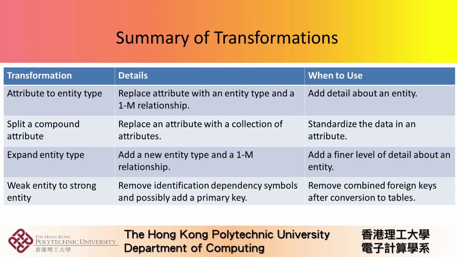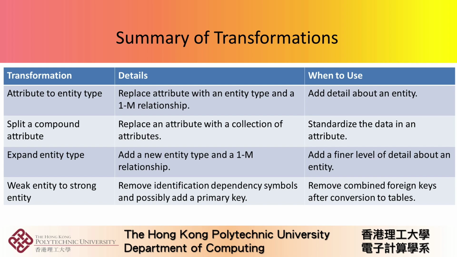Attribute to entity type transformation replaces an attribute with an entity type and a one-to-many relationship. This transformation is used when detail about an attribute needs to be added. Attribute splitting transformation replaces an attribute with a collection of attributes.